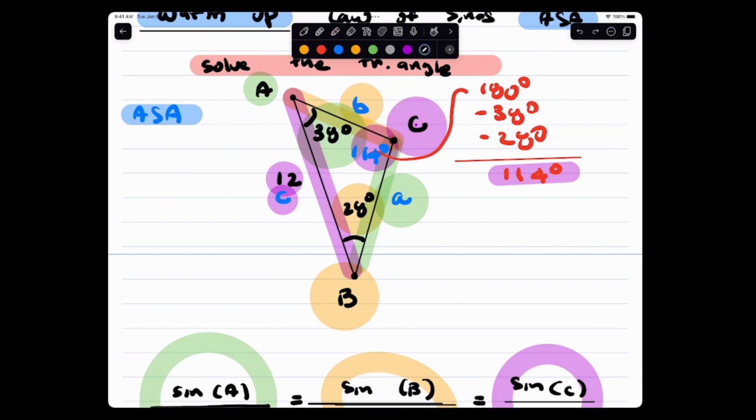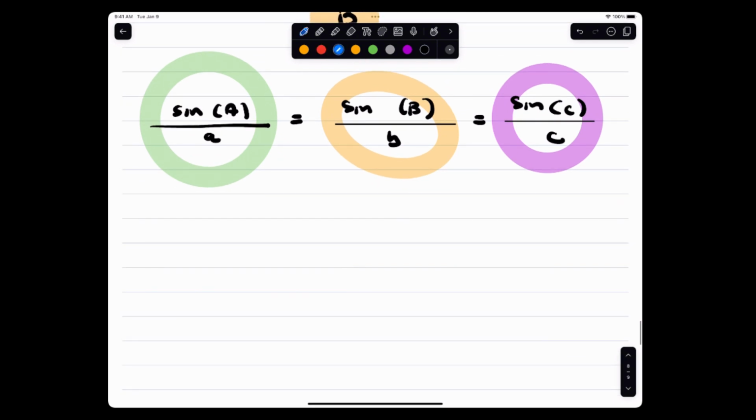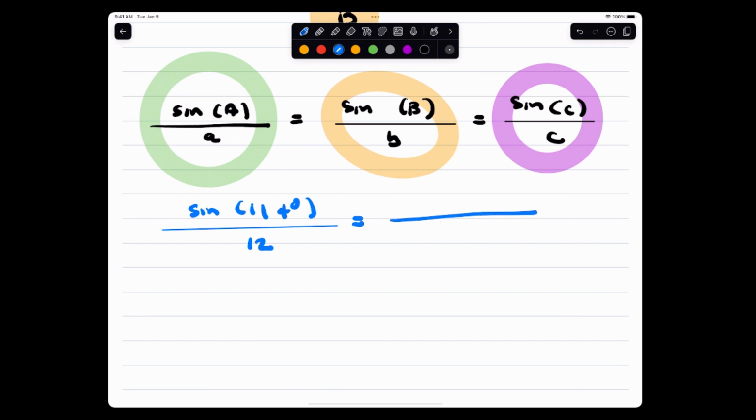Pay attention to the fact that you know angle C and you know the opposite side. There's 2 values there. So start with the 2 values and you say, okay, sine of 114 degrees divided by 12. So you start with the 2 known values.